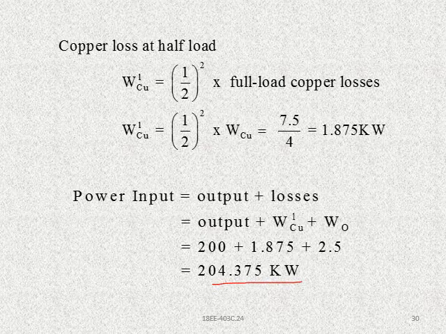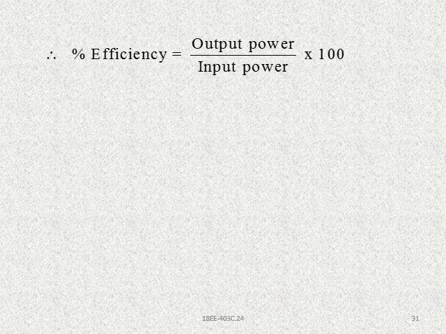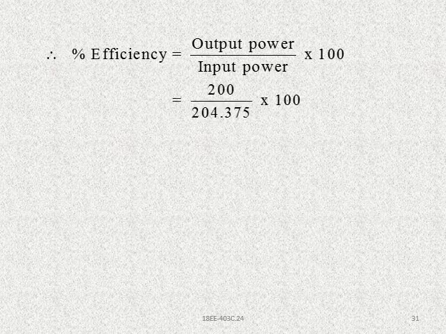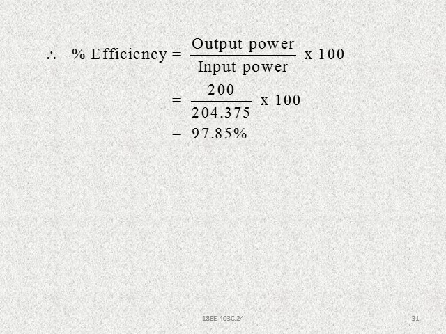And finally we have input in our hand and the losses and the output, so we can clearly find the efficiency of a transformer. Finally the efficiency is output by input into 100, which gets 200 by 204.375 into 100. That gets you 97.85%.